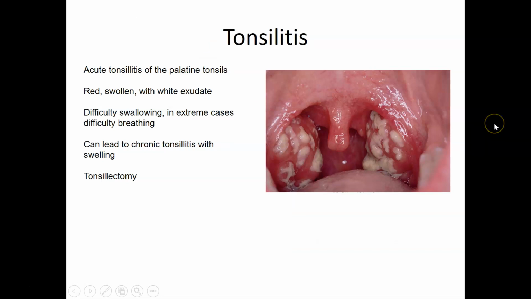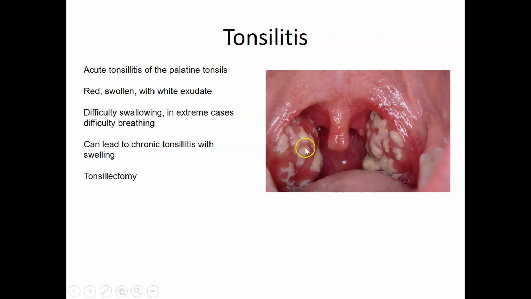Now, you can get tonsillitis, which is persistent chronic inflammation of the tonsils. And some people are more susceptible to this, chronic infection and inflammation of the tonsils. And this is what they look like. These are pretty nasty.